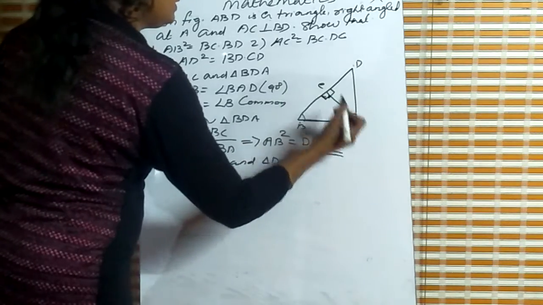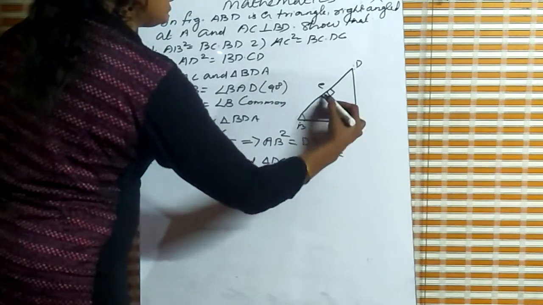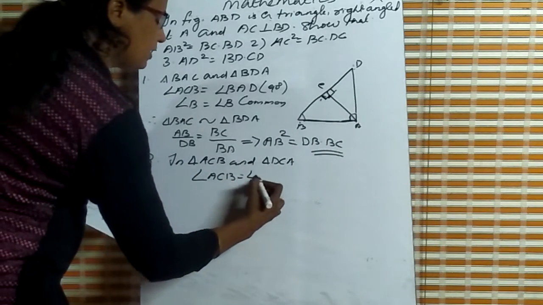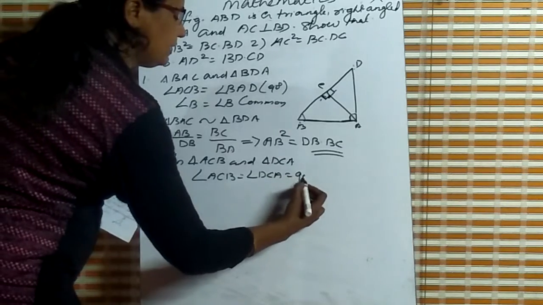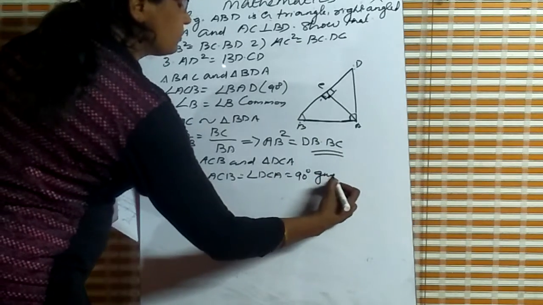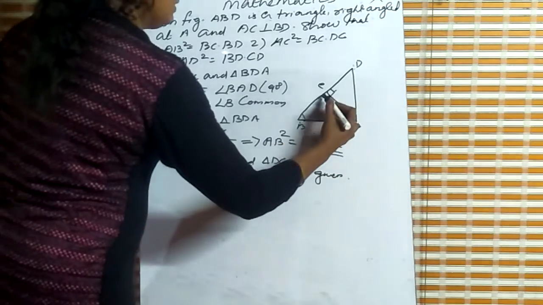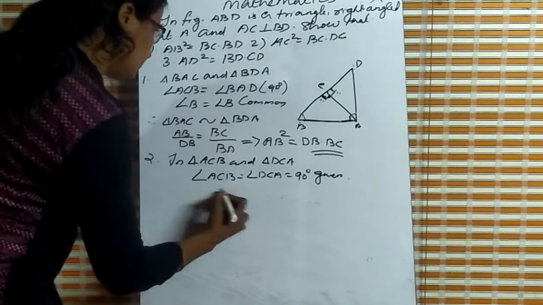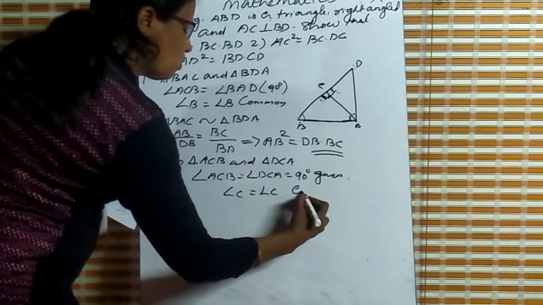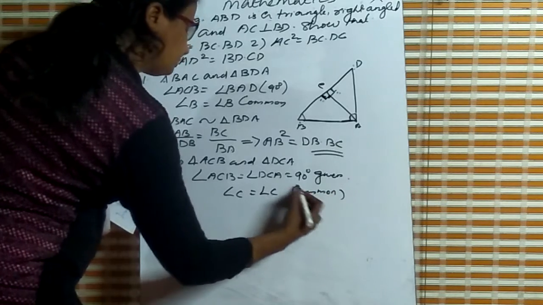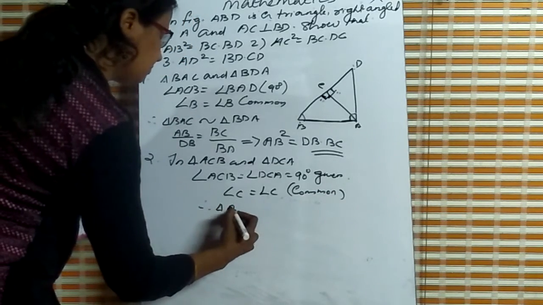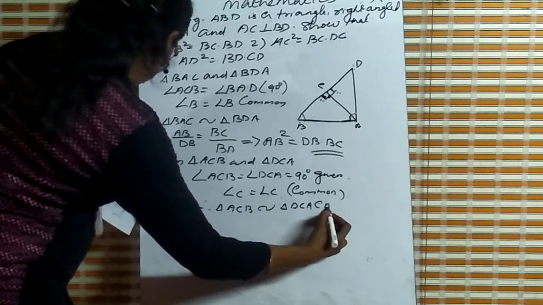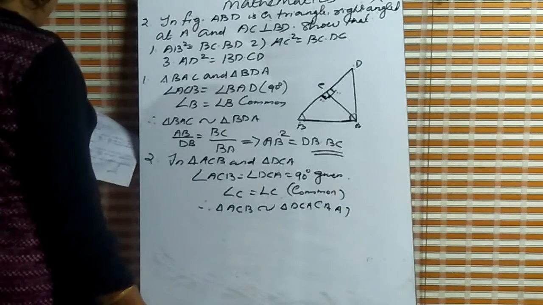Angle ACB is equal to angle DCA is equal to 90 degrees. This is given. Then which angle is common? This angle C is common for both the triangles. Angle C is equal to angle C, common. Therefore, triangle ACB is similar to triangle DCA by AA similarity criterion.